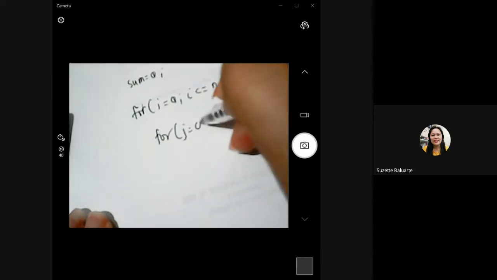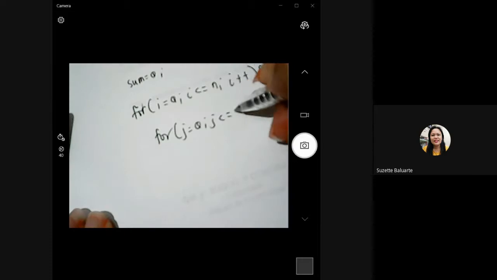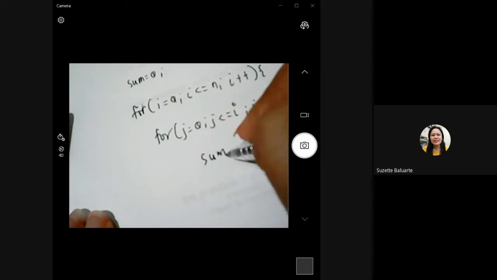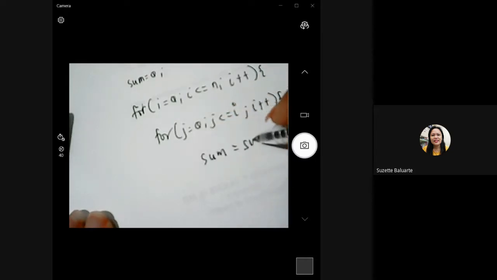j is equal to 0, j is less than or equal to i. So your limit now is the i. So j plus plus. Then you have there sum is equal to sum plus j. And then close and then close.